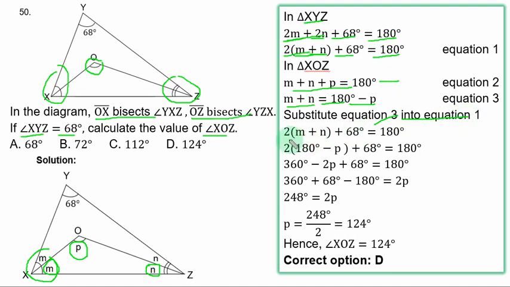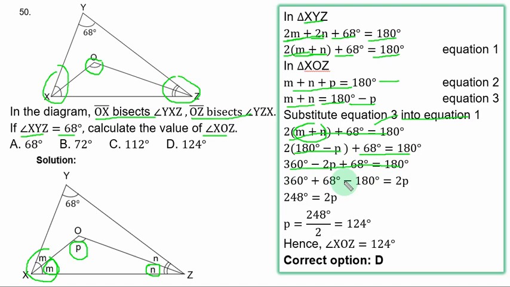So this is equation 1, and equation 3 gives M plus N equal to 180 degrees minus P. So you have 2 bracket open, 180 degrees minus P, bracket close, plus 68 degrees equal to 180 degrees. You open the bracket and you have this expression.